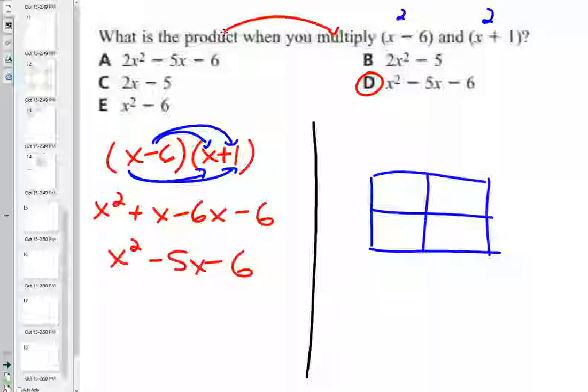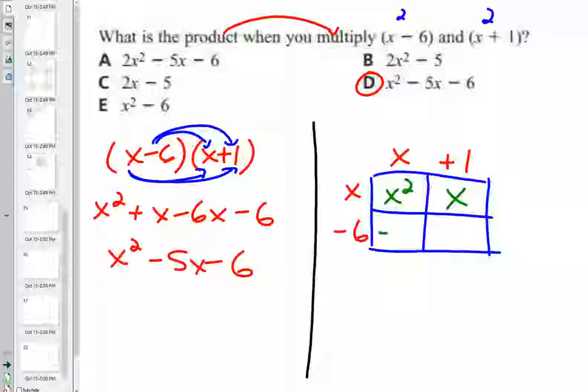On the outside, vertically and horizontally, you write each term. So like the x minus 6, I would write x here, and then minus 6. I also could have written that across the top if I wanted to. Across the top, I write the other one, x, and then a plus 1, a positive 1. And then everywhere that 2 terms intersect, you multiply. X times x is x squared. X times 1 is x.